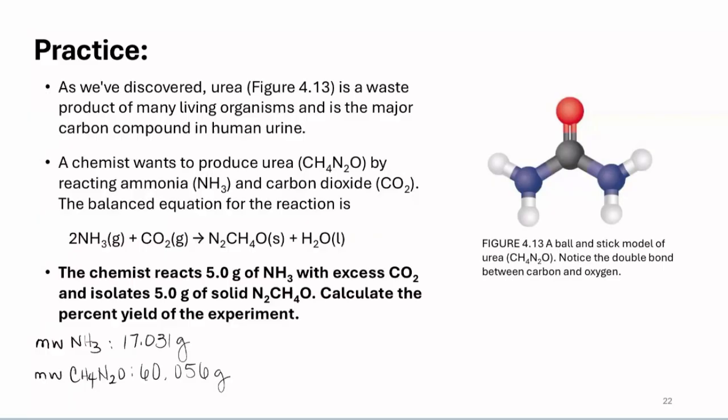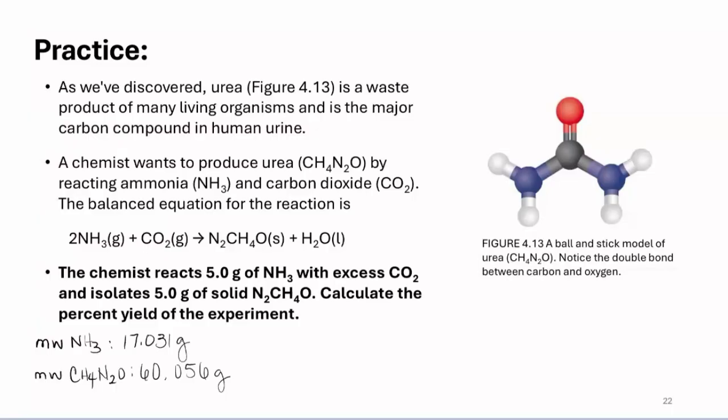The problem states the chemist reacts 5.00 grams of ammonia with excess CO2, and the yield that they obtained was 5.0 grams of urea, which is given by that chemical formula.